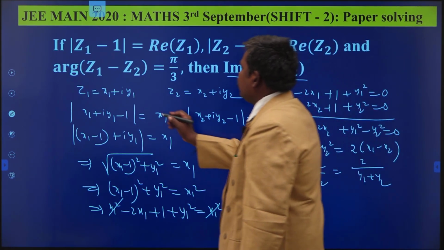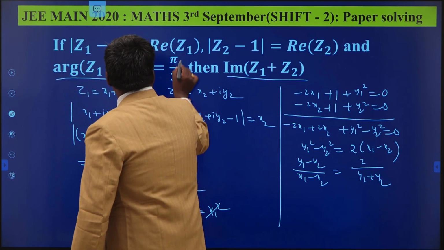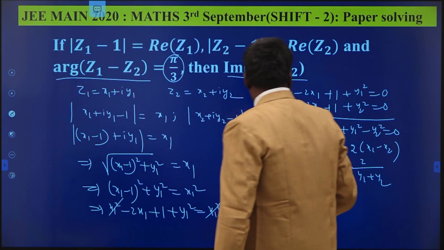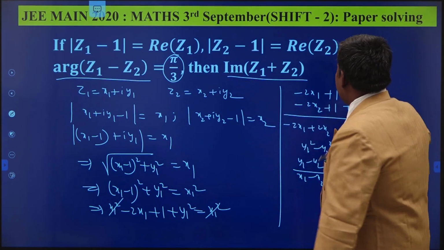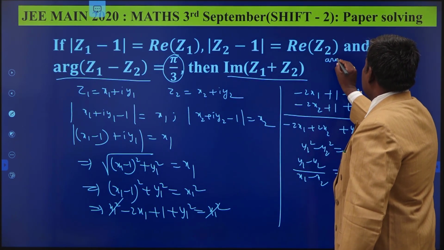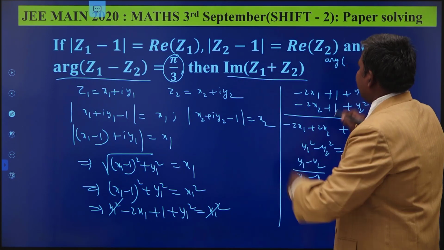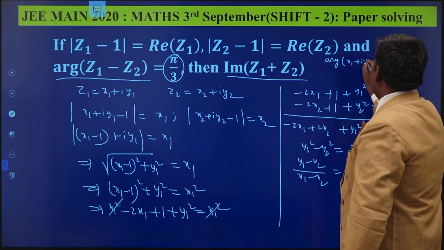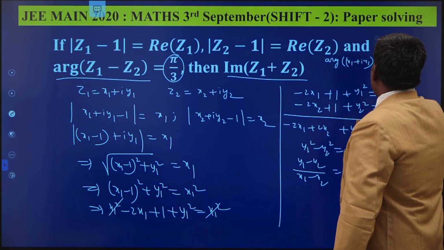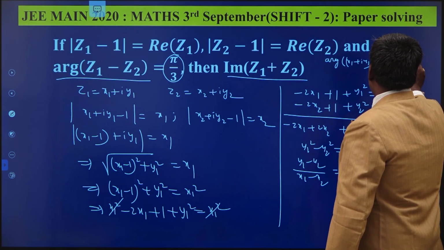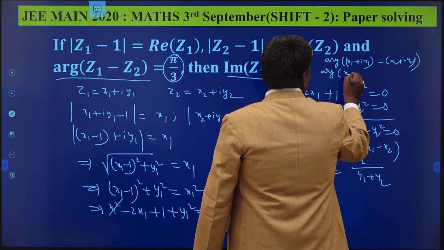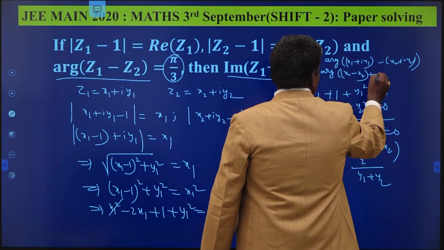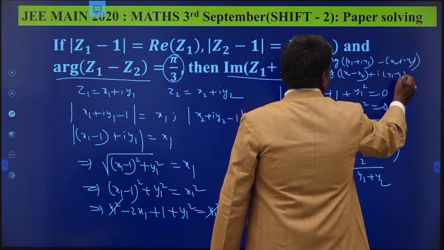Again, what is given to you? Argument of z1 minus z2 is nothing but pi by 3. Is it argument or not? Tan theta, or not? See here, what is my z1? Argument of z1 minus z2 is argument of (x1 plus i y1) minus (x2 plus i y2). That means argument of (x1 minus x2) plus i times (y1 minus y2).